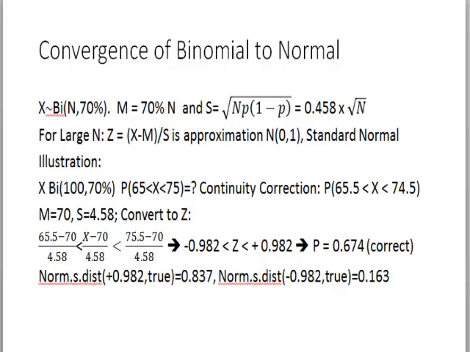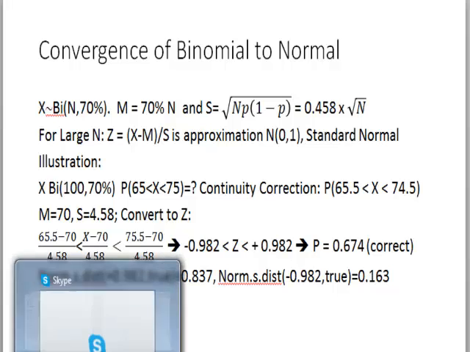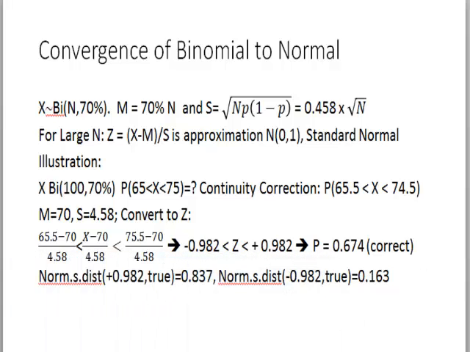I can do it on the calculator, but I think you can do this much yourself. Minus 0.982 less than z less than plus 0.982. And now I can calculate this according to the normal distribution. So if I look at Excel, I have this calculation, norm.s.dist.